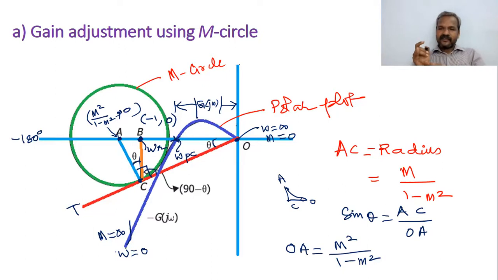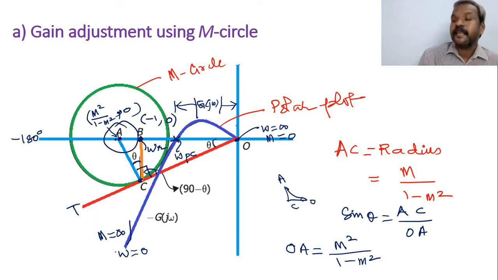If it crosses away from the minus 1 point, it is unstable. Minus 1 comma 0 is called the Nyquist point. Understand or not? So the point B is at a distance of minus 1. Definitely the center of the circle will be more than minus 1, as per this discussion. So the point B gets located on the negative real axis at minus 1 comma 0.